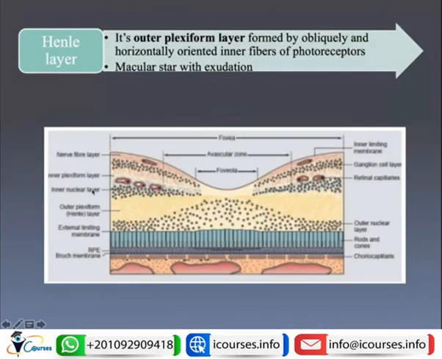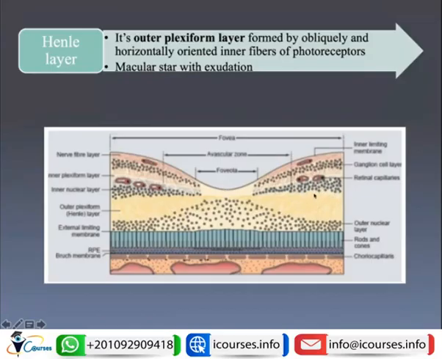And this displacement will lead to the formation of what's called the Henle layer. So what is the Henle layer? You can see here the rods and cones, and here is the outer nuclear layer, and you can see that there is an increase in the density of the central cones, so that they will be directly exposed to the light.